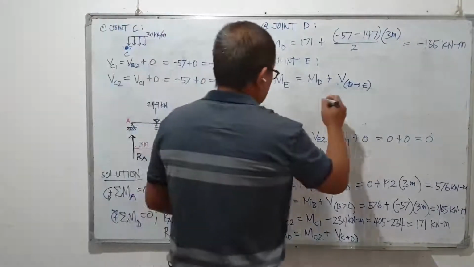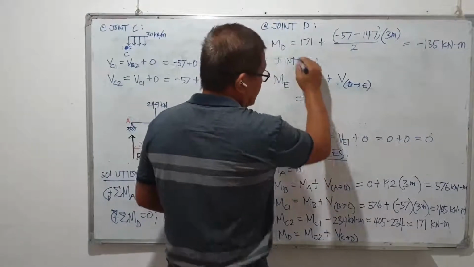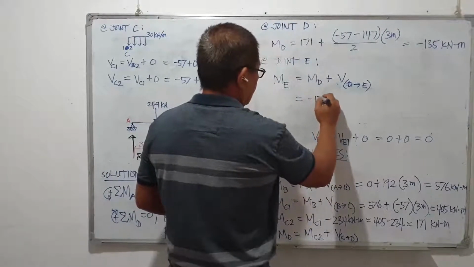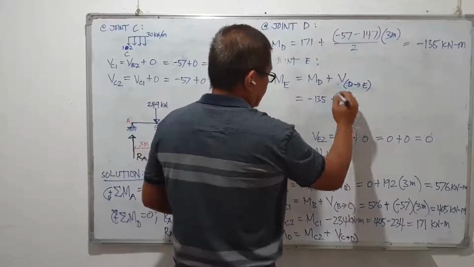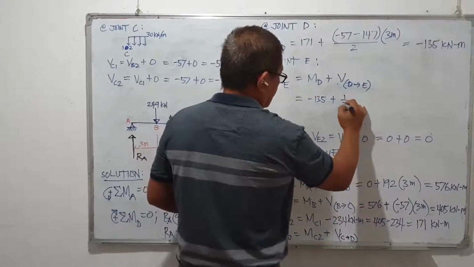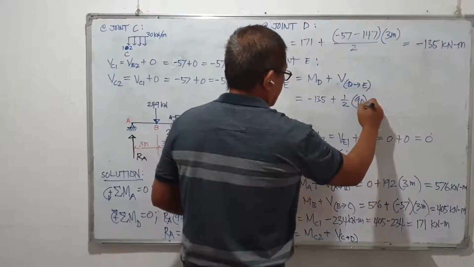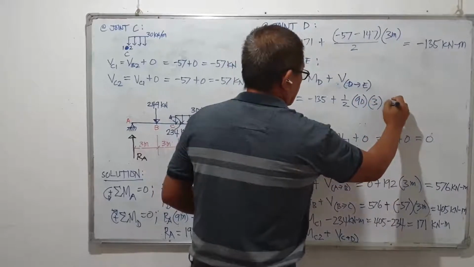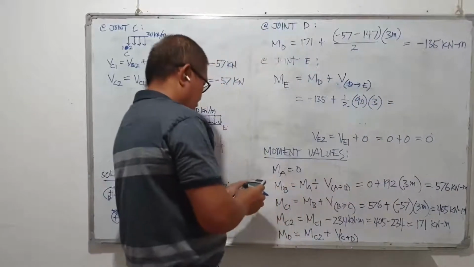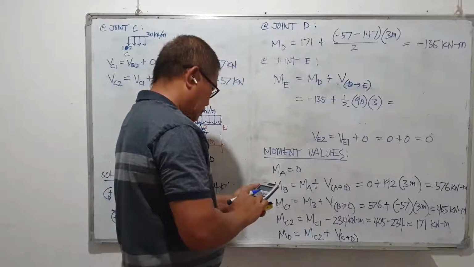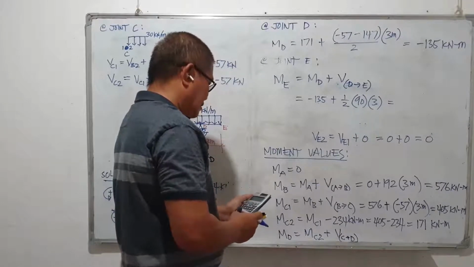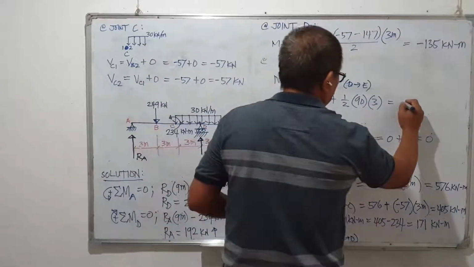So this is equal to negative 135 plus the triangular area, 1/2 times 90 times 3, or 90 times 3 minus 150.